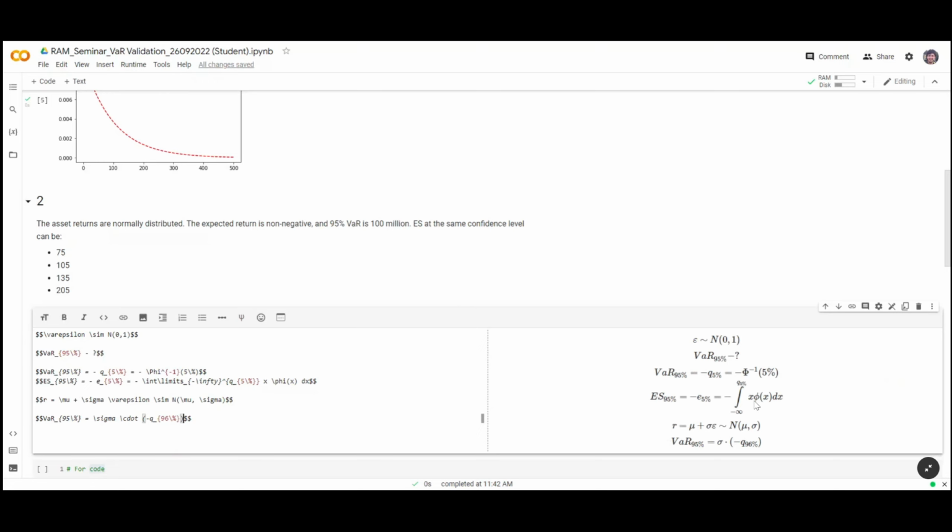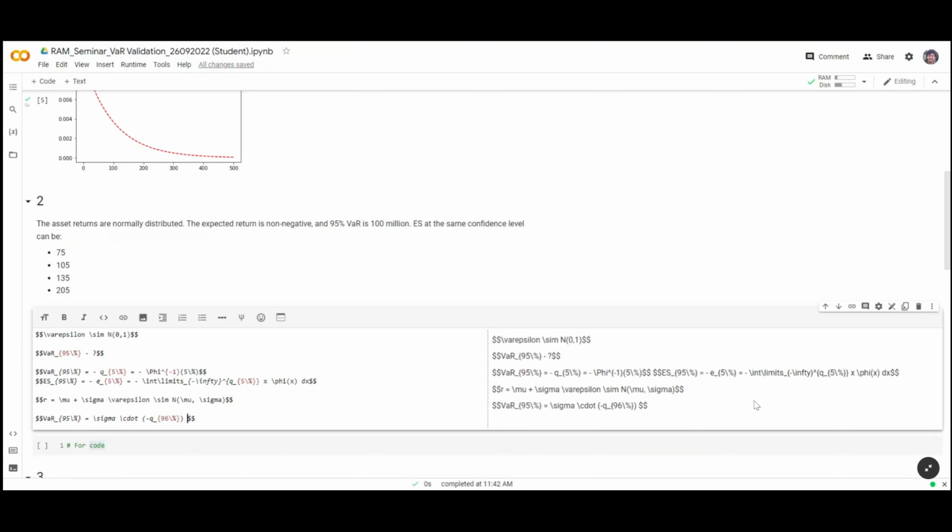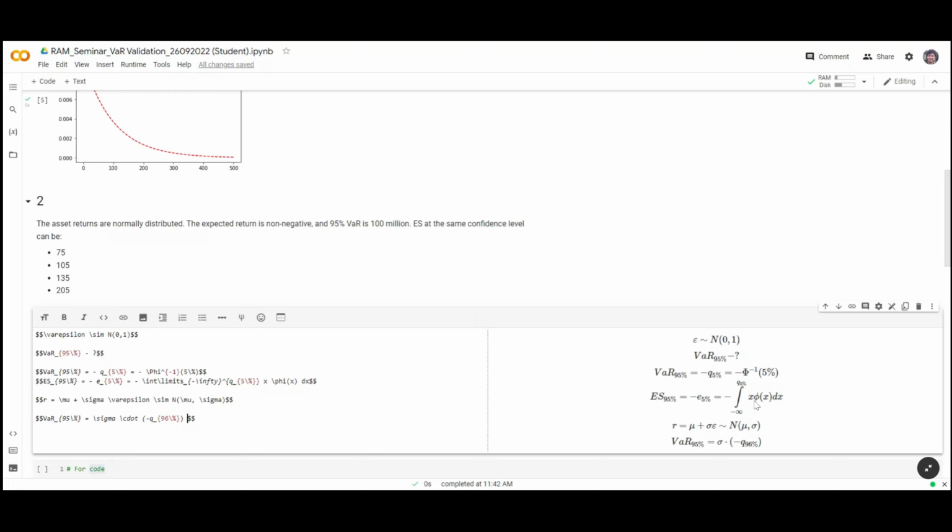So sigma just multiplied by the quantile. And I also understand that I have to deduct the mu value from this.